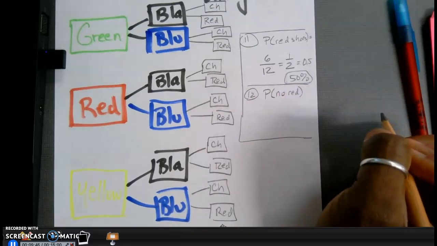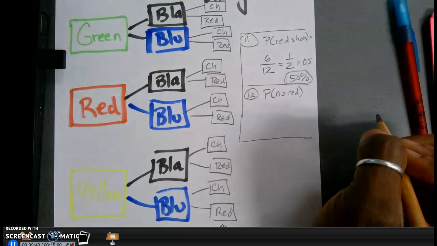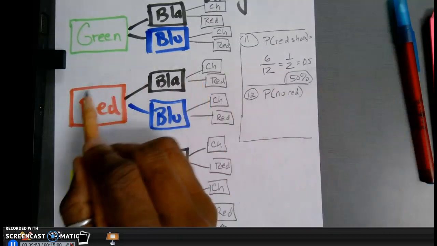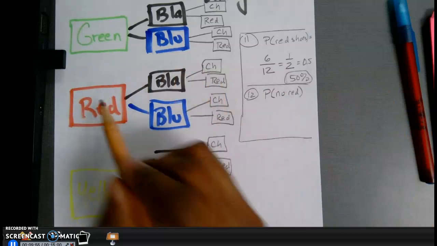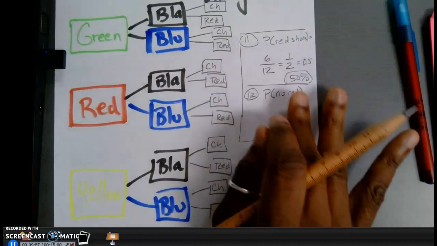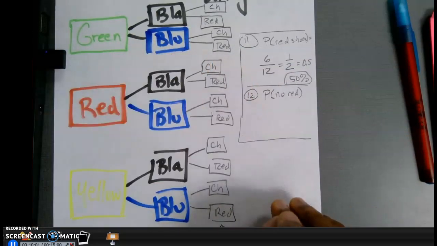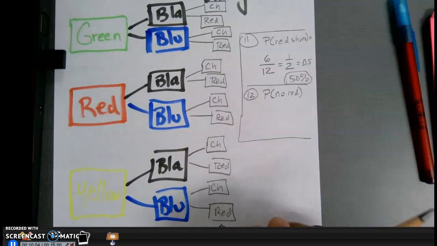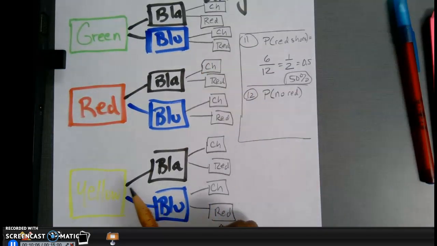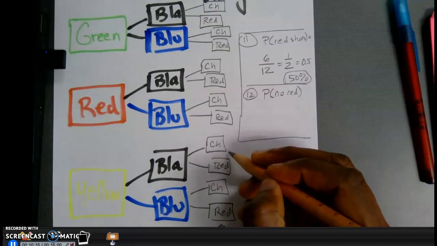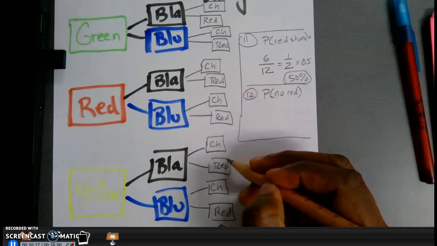So the next one says I don't want any part of my outfit to be red. In this particular case, I can discount this part as well because I started with a red shirt. So I'm going to just go ahead and ice out that whole middle part. So in this particular case, I have yellow shirt, black or blue pants, and the different kinds of shoes. I don't want any part of my outfit to be red.